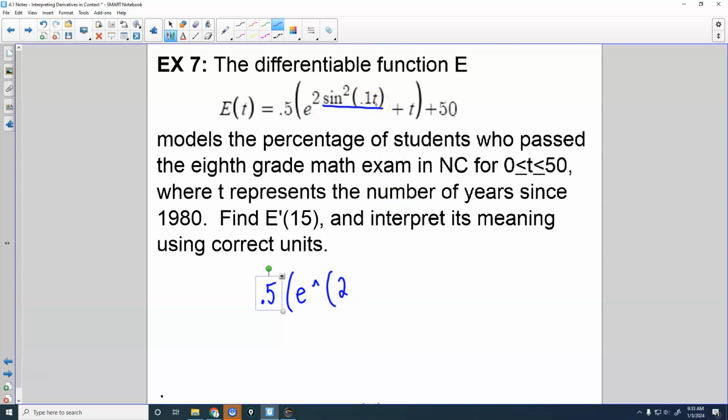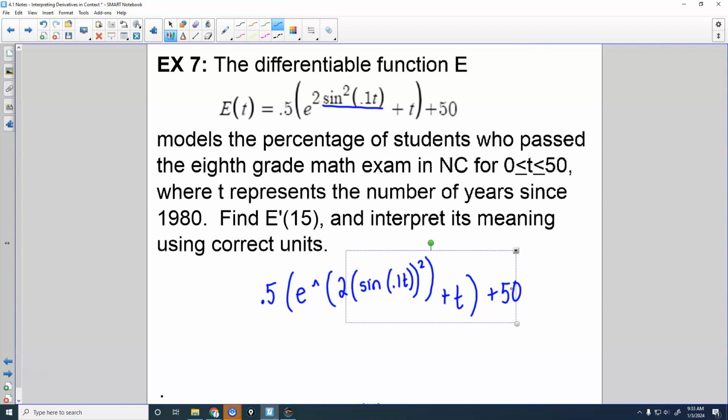You can't type in sine squared, so what you have to do is sine of 0.1t. You got to close this parentheses, square it, and close one more parentheses. Plus t plus 50. Oh, it's so bad.